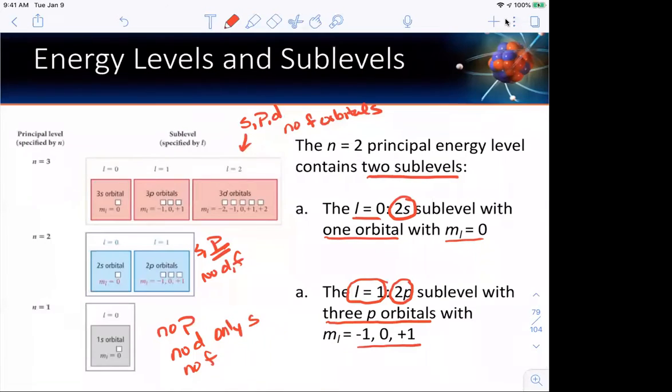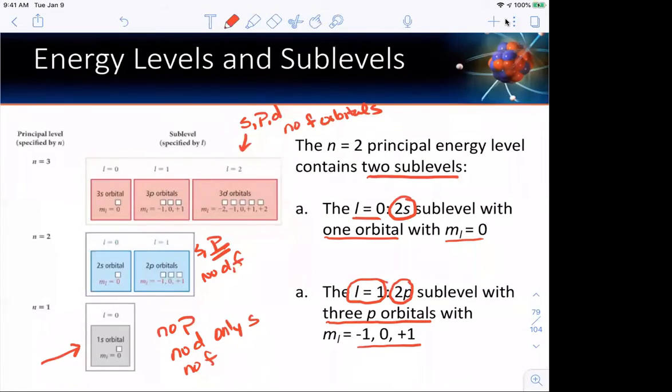Remember, hydrogen only has 1 proton, 1 electron. Where is that electron going to go? It's going to start here. As I increase the complexity of the atom, I add more protons, I add more electrons, and those electrons are going to have to go in more orbitals.